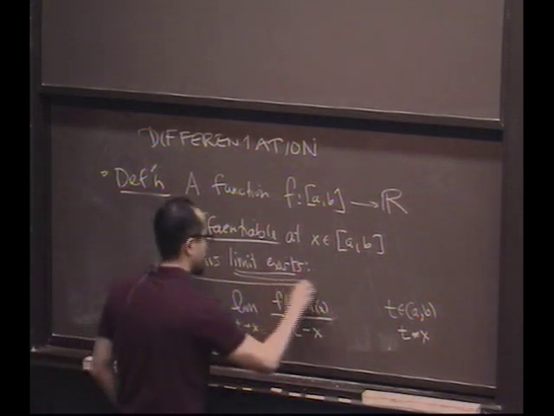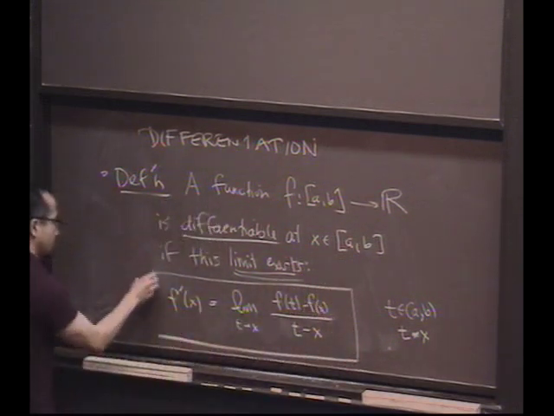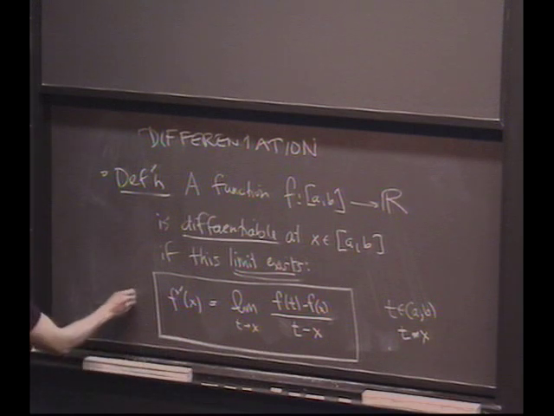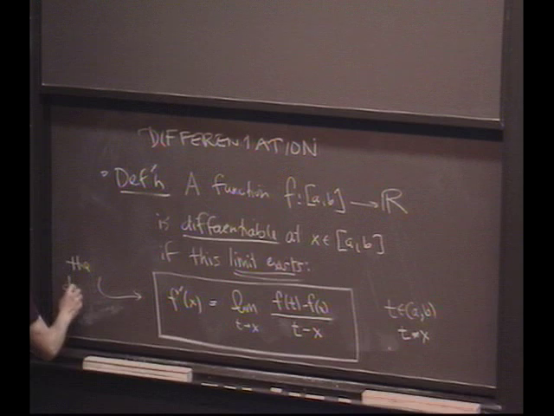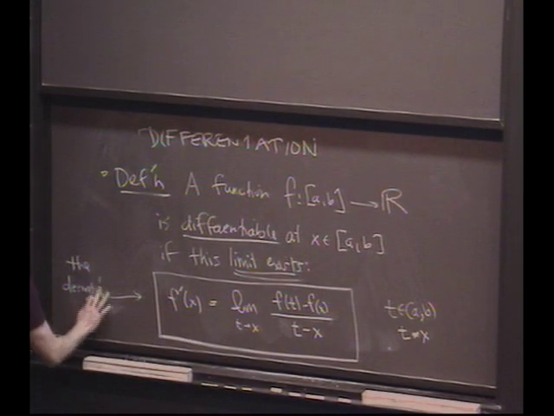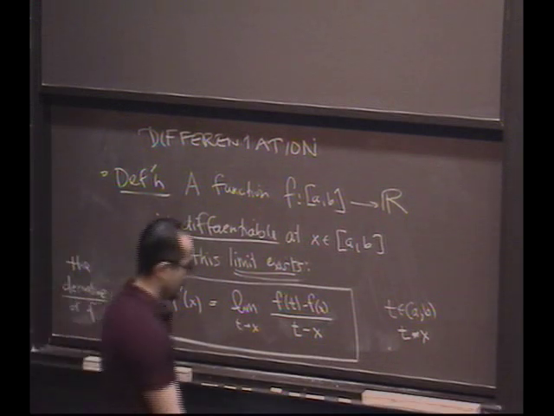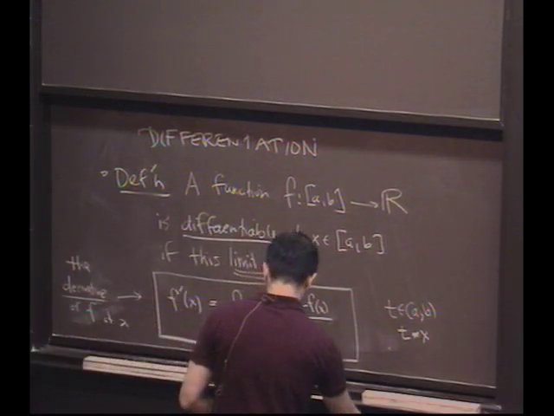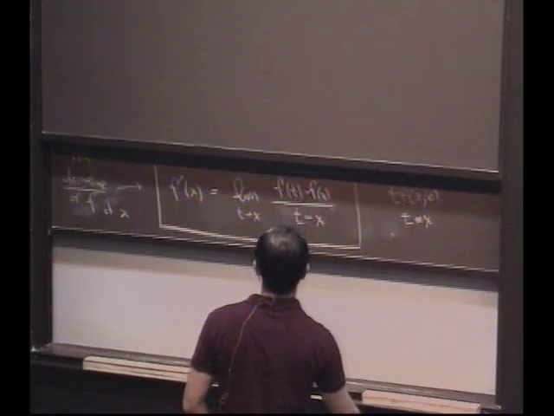So here's our definition of what's called the derivative. This limit is called the derivative of f at x, and it's a function of x. That's our first basic definition.